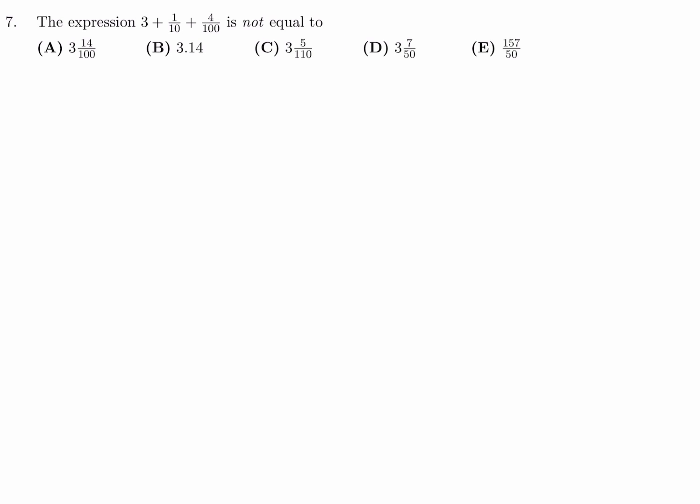The expression 3 plus 1 over 10 plus 4 over 100 is not equal to... Well, I guess we have to add this fraction first, and let's see what we get. So, getting a common denominator, multiply top and bottom by 10, and multiply top and bottom here by 100. So that would give me 314 over 100.